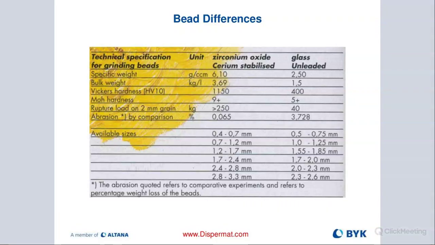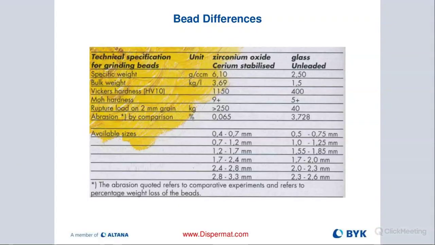So they're much harder, and the wear is going to be much lower on a ceramic bead versus a glass bead. So you ideally want to always pick ceramic bead over glass, for the stability, for the weight, and overall milling performance.